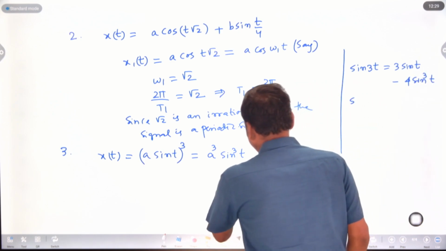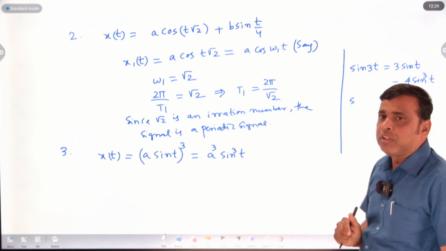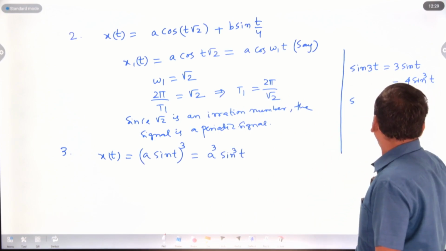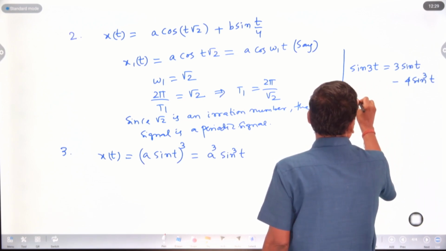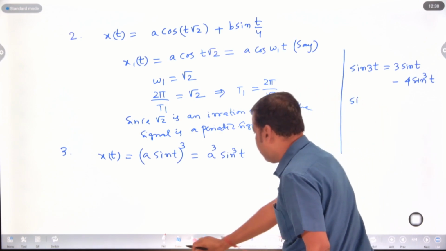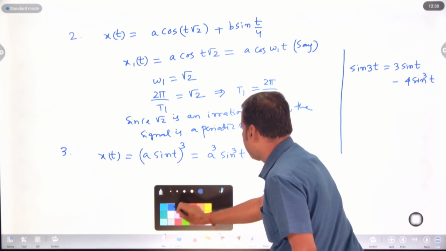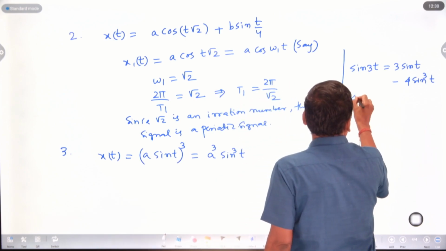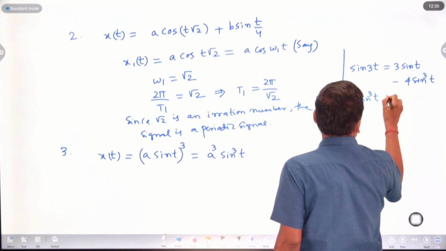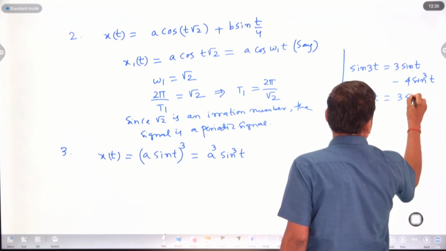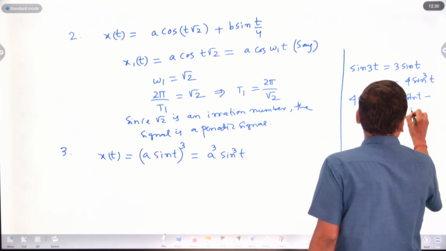So you have to express sin cube in terms of this so that we can calculate the fundamental period of t1 and t2. Here 4 sin cube t, you bring to the left side, and it is nothing but 3 sin t minus sin 3t.